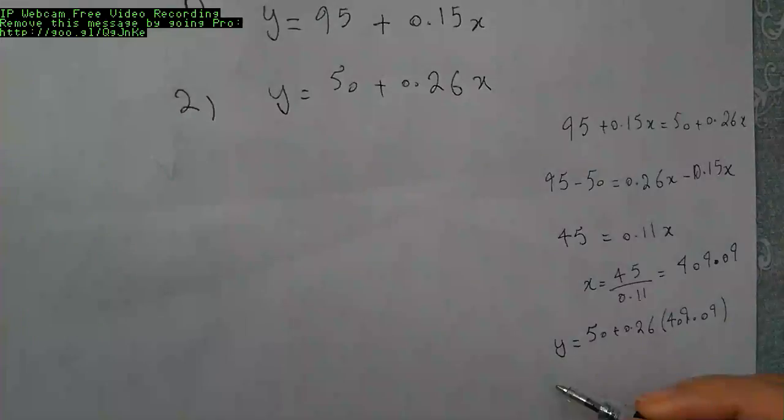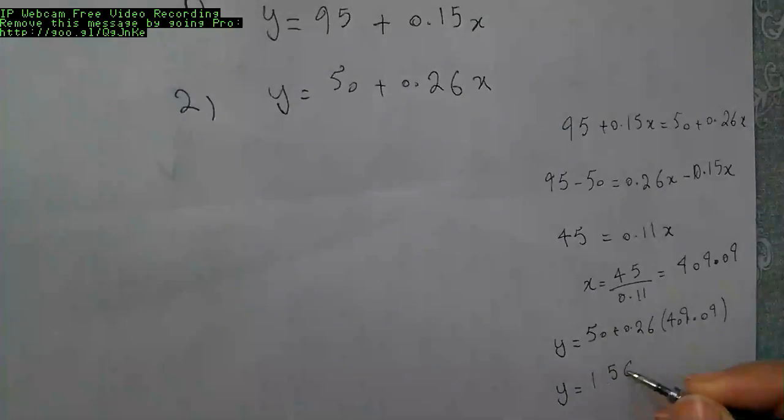So y is equal to 156.36. So this is the point of intersection.